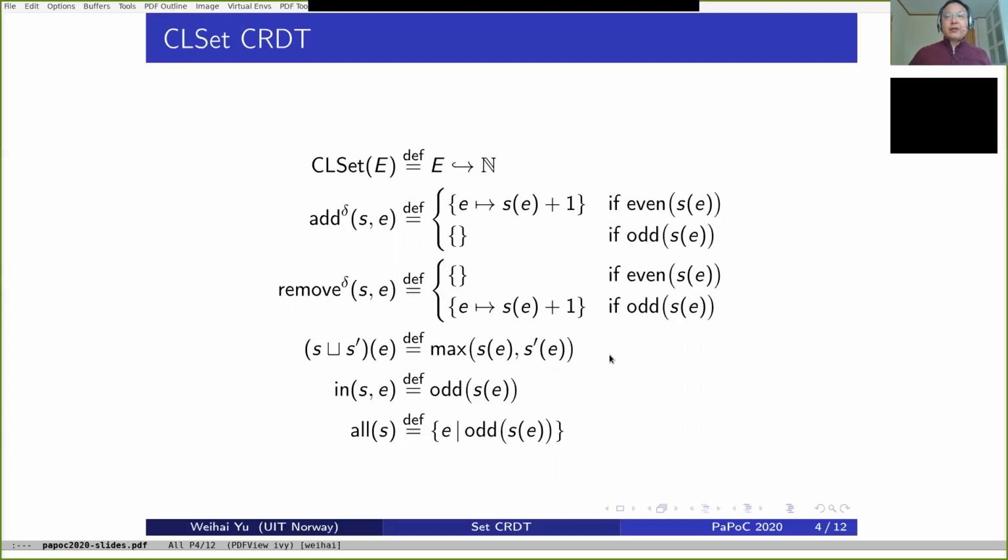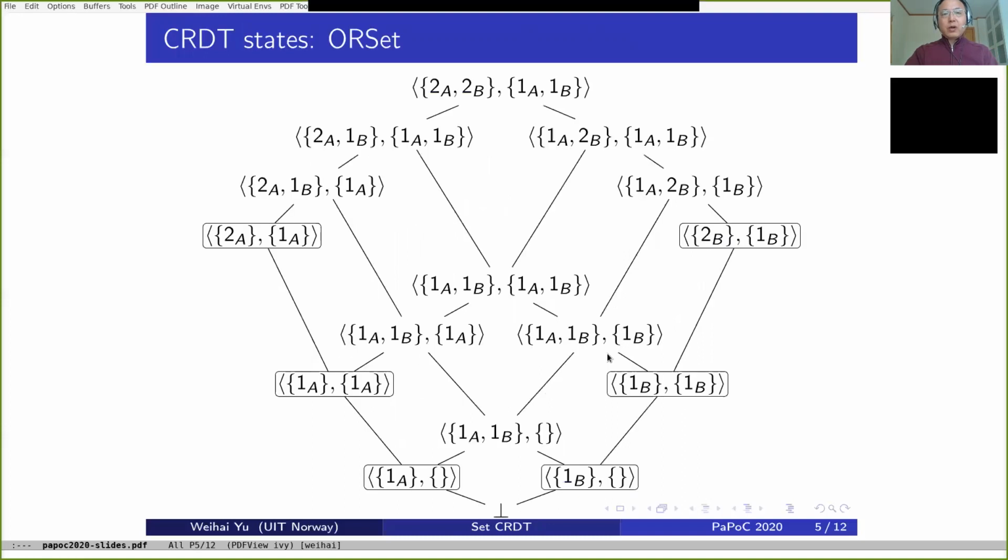Now let's compare CLSet with other existing set CRDTs. One of the most widely applied set CRDTs is the observed-remove set, or OR-set, where every element is associated with two sets of dots. A dot is an identifier of an event.